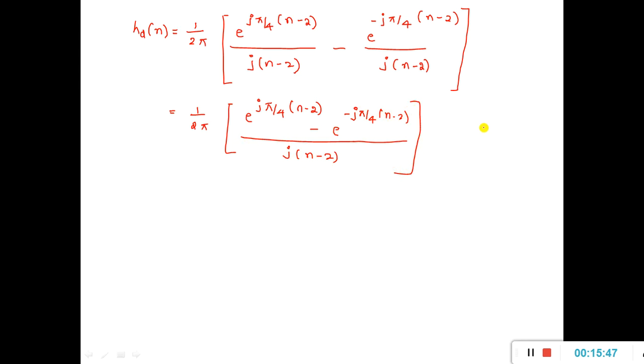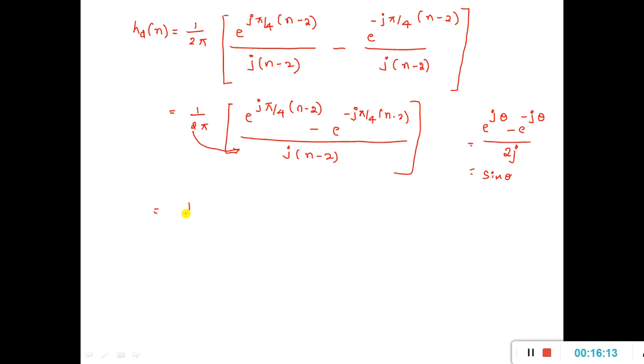In the numerator, if you observe carefully, it is e to the power of plus j theta minus e to the power of minus j theta. So I can take this 2 inside. Therefore this becomes e to the power of j theta minus e to the power of minus j theta divided by 2j, right? So I can write this as the sine theta definition, is it not?